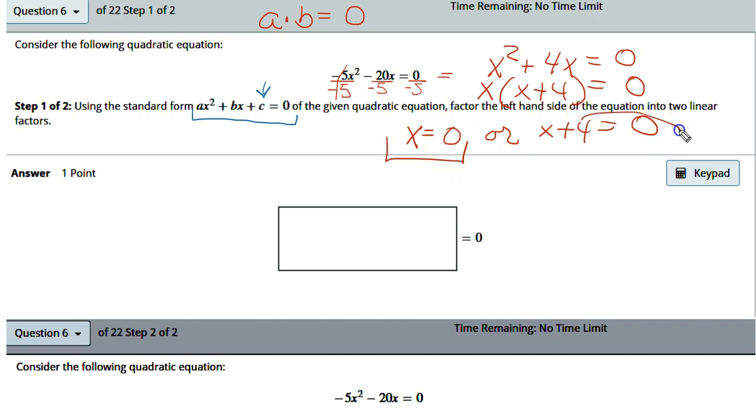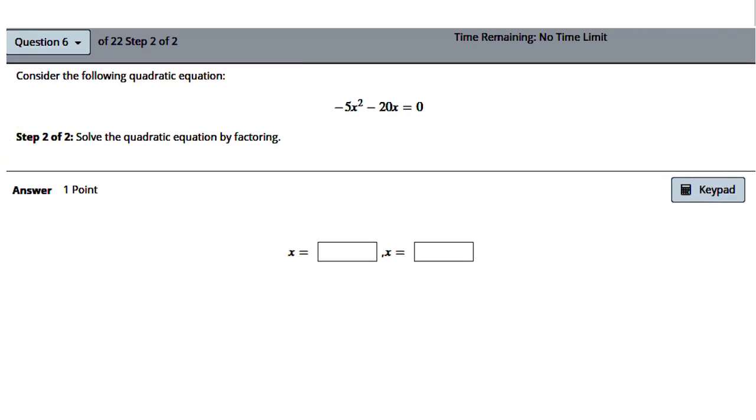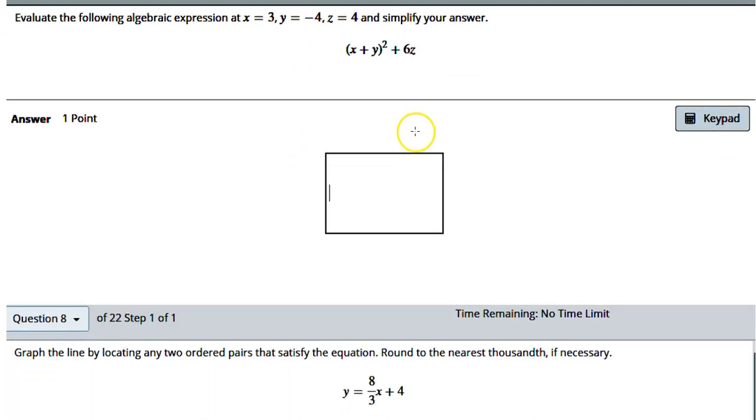And then if we just transpose the 4, we get x equals a negative 4. So our two answers here are x equals 0 and x equals a negative 4. Now the textbook wants you to put it in steps, so we did it all on one slide, but there's where you would put the answers.